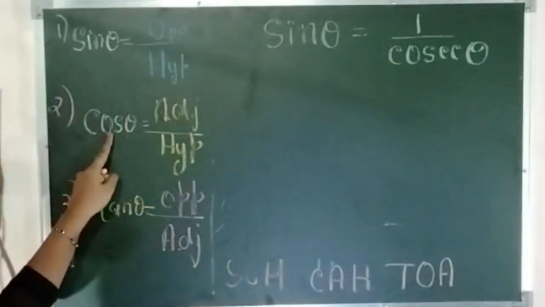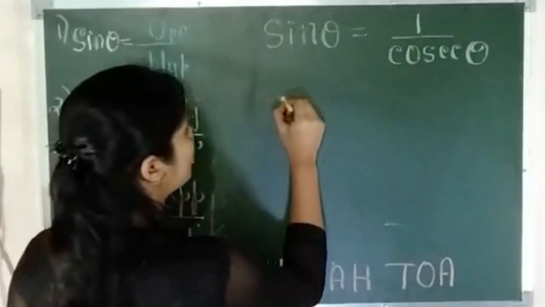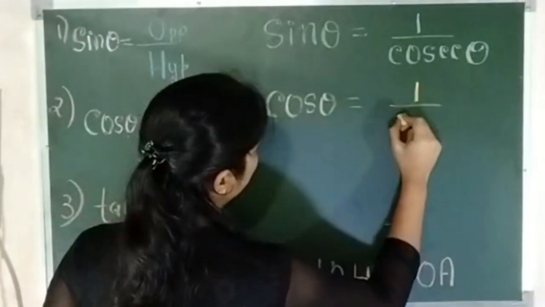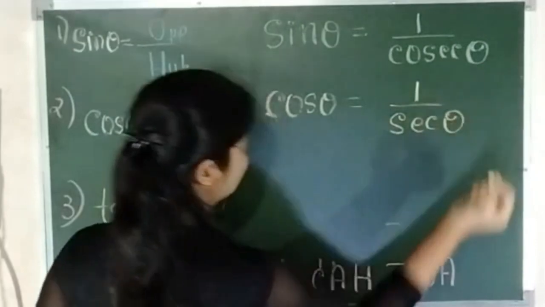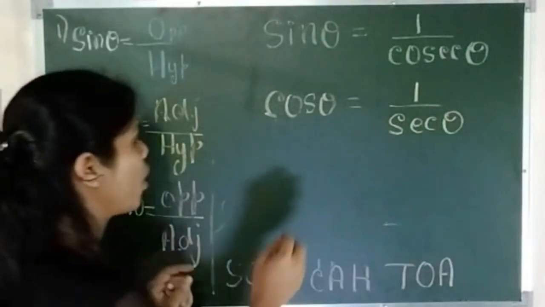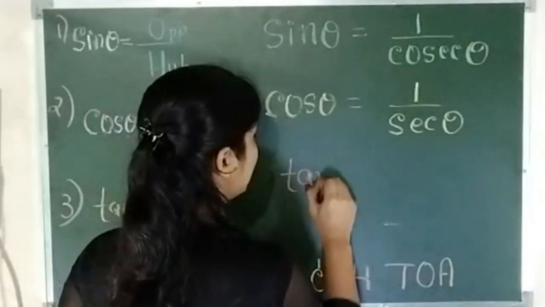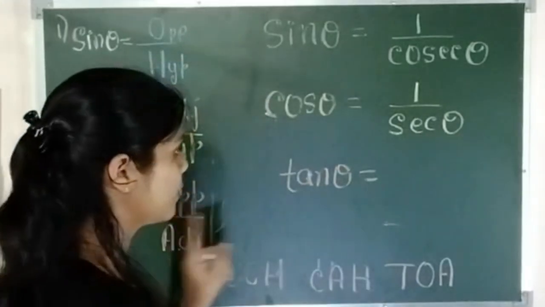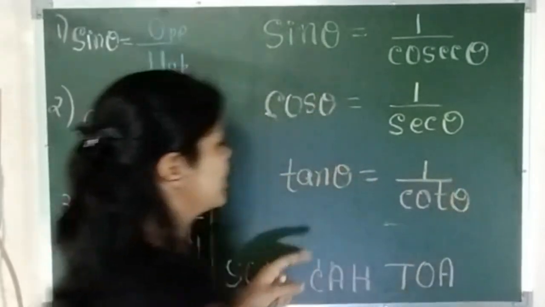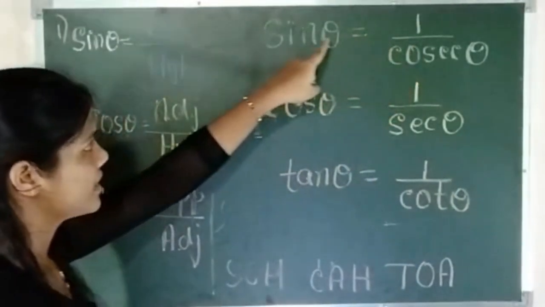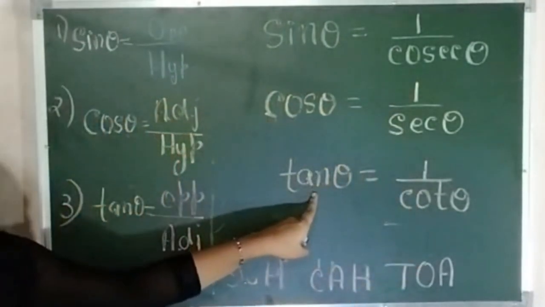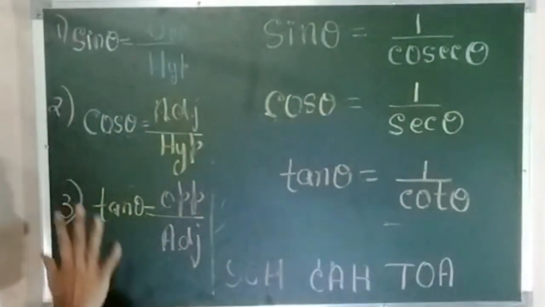Second is the relation between cos and sec: cos theta is equal to 1 by secant theta. And the third relation is between tan and cot: tan theta is equal to 1 by cot theta. The reciprocal of cosecant theta is sin theta, or the reciprocal of cot theta is tan theta. These are the formulas you need to remember.